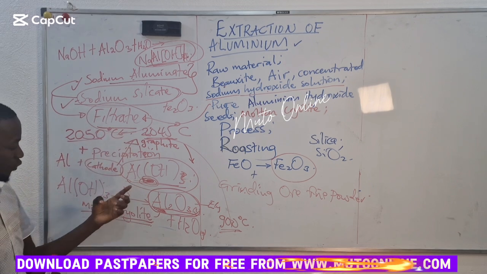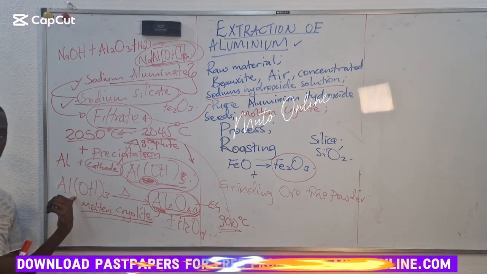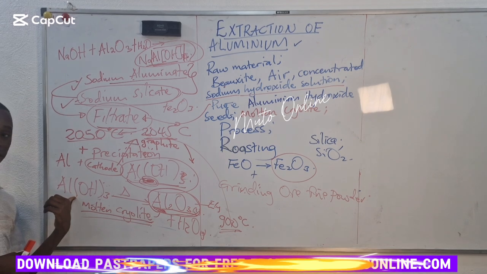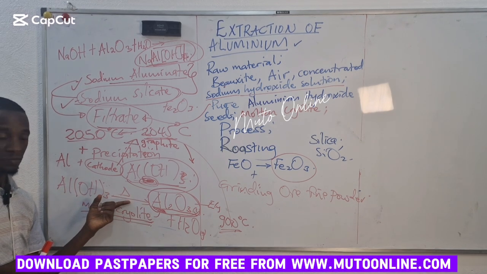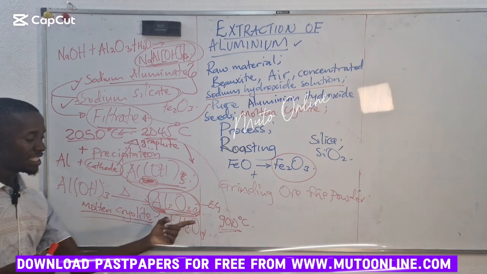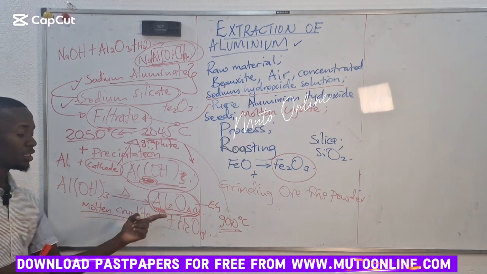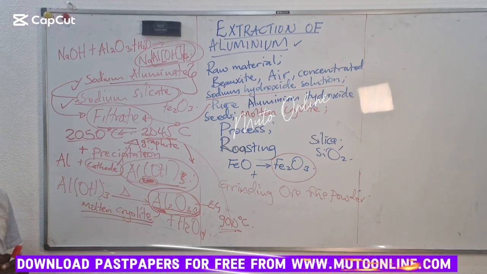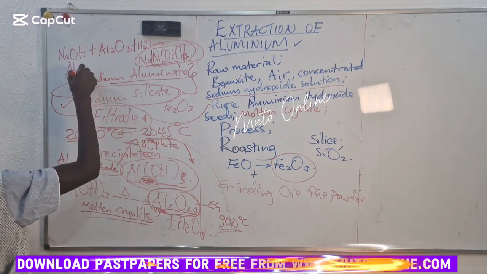Since our target is to form aluminium, the crystals of aluminium hydroxide formed are heated further to eliminate any water molecules in it, forming solid aluminium oxide, which sometimes is known as alumina.